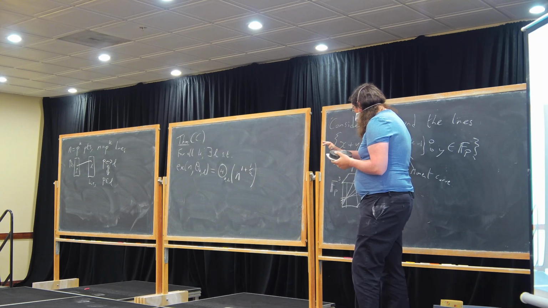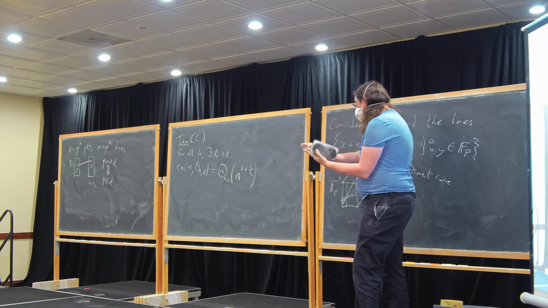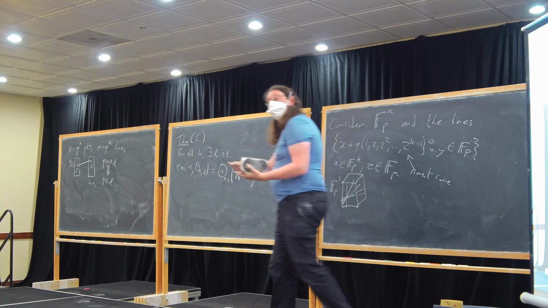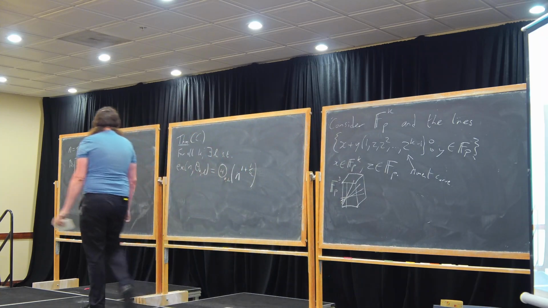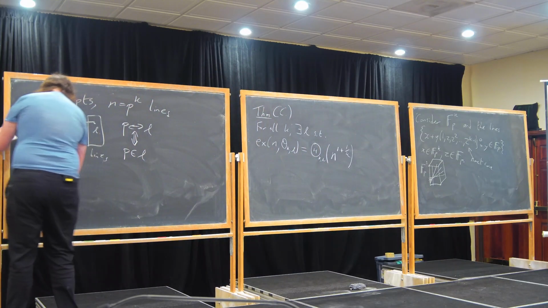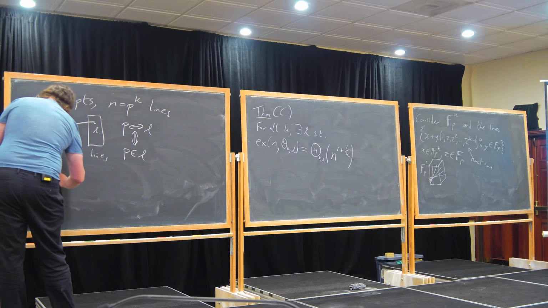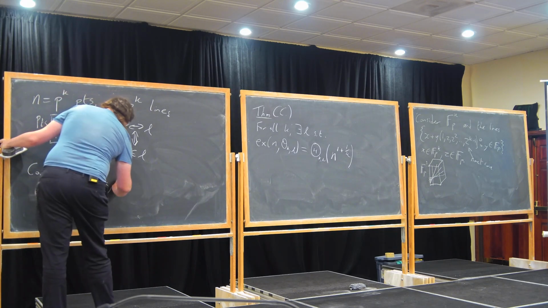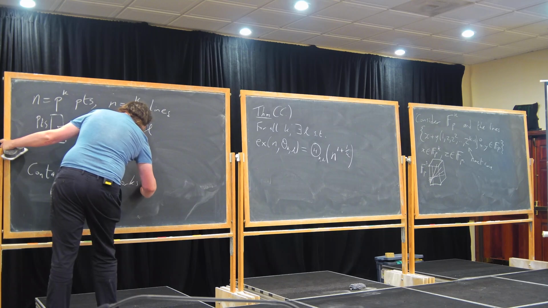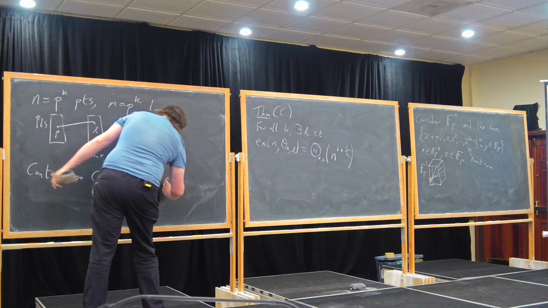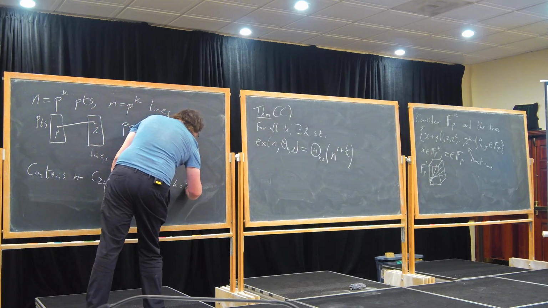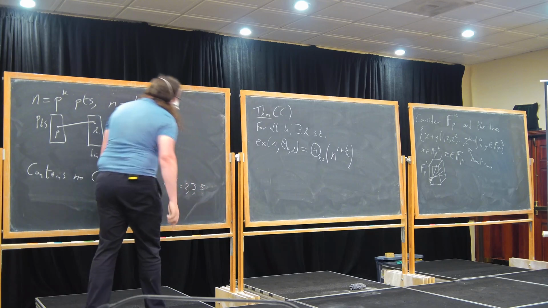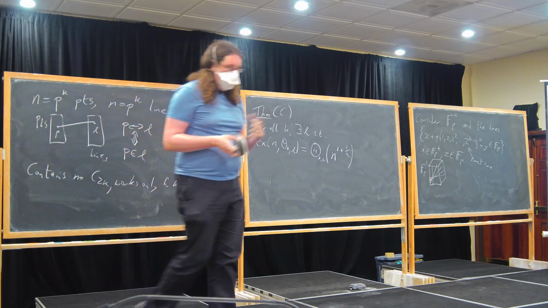But the point of this is that basically this construction only works in the case where k is 2, 3, and 5. So this contains no C_{2k}, but it works only for k equals 2, 3, and 5. So if you look at the notes, you'll see why that's the case.